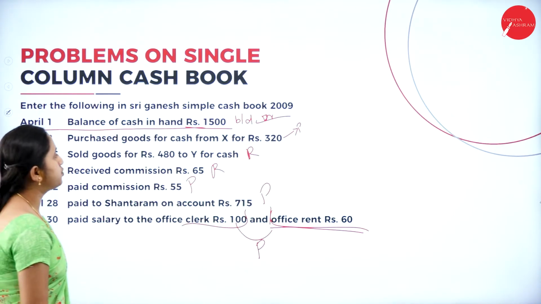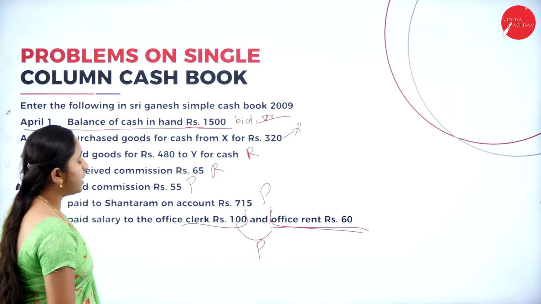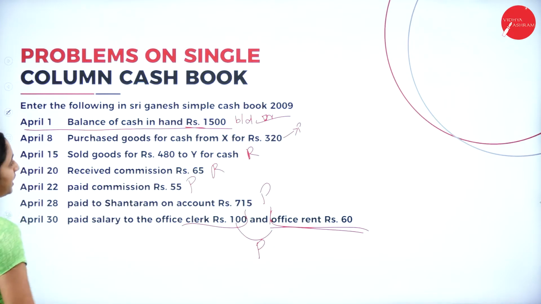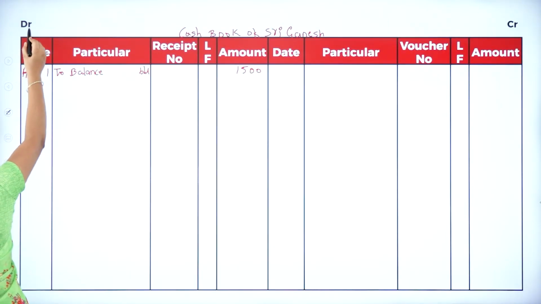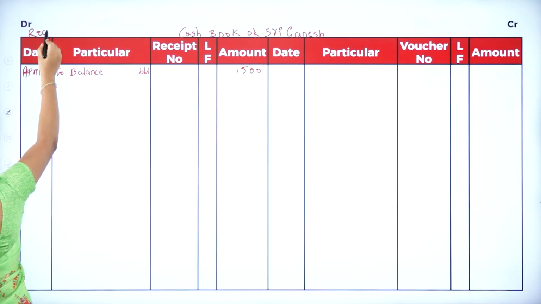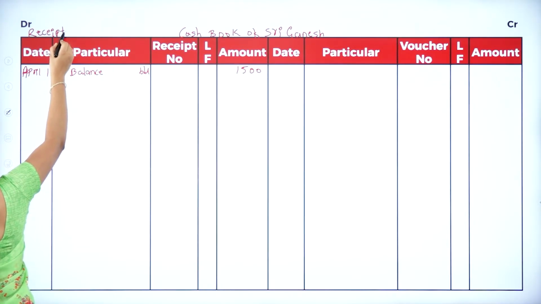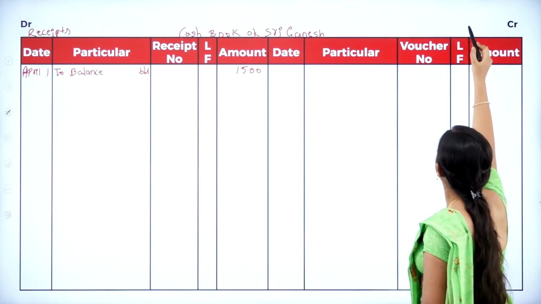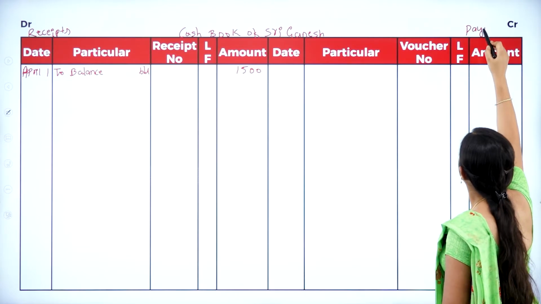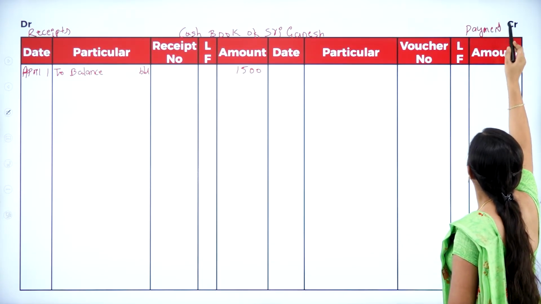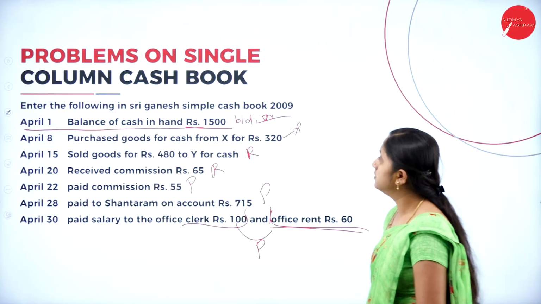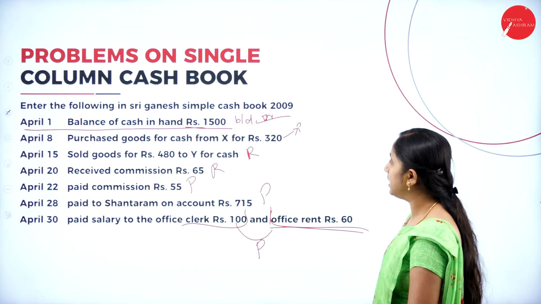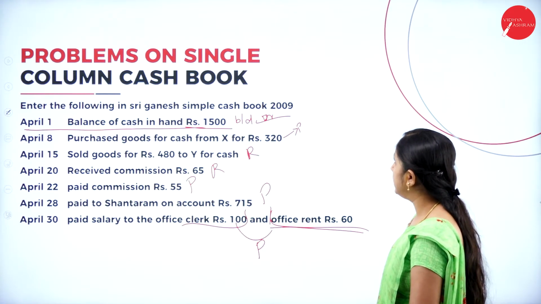Next, purchase goods for cash from X for rupees 320. So purchase, this is the payment. Here you will record all the receipts here and payment in the credit side. Purchase is a payment, write in the payment side.